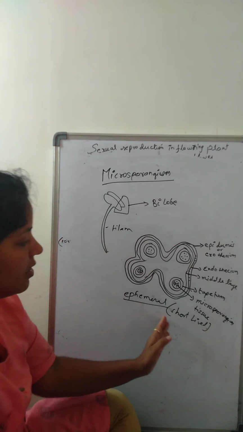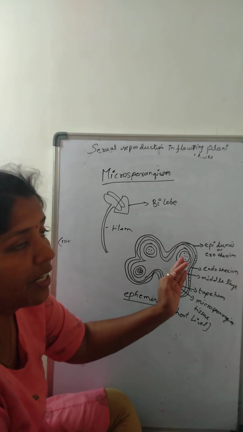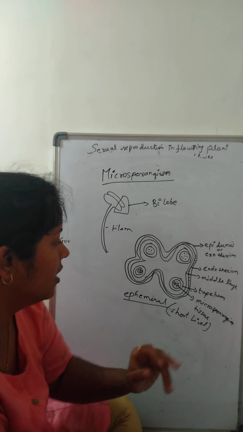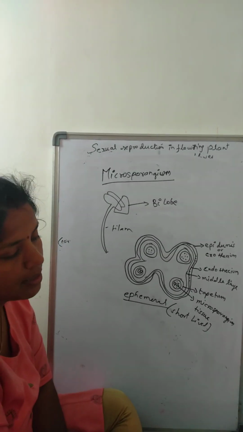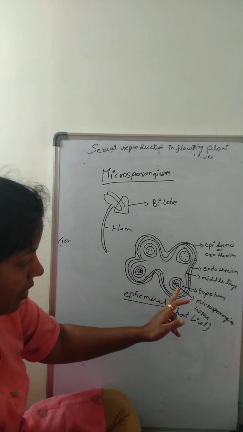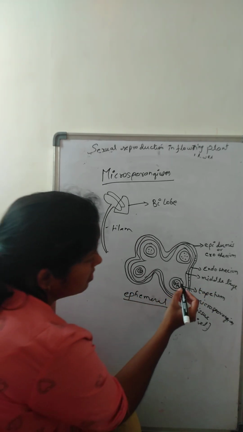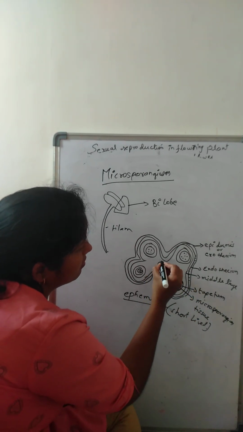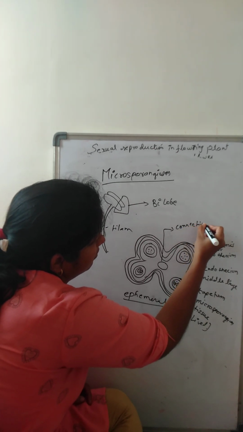Do you know why it is short-lived? It provides a lot of nutrients to our target pollen grain. So that is the reason it is short-lived. You all understand? Now this one is done. Now the tapetum. This is the tapetum. Here there is a connective tissue. This one is known as the connective tissue.